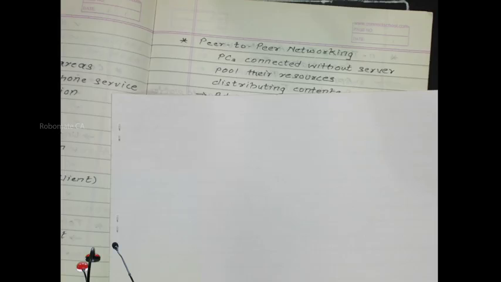No. This is called peer-to-peer networking. In a peer-to-peer networking, there will be nodes connected with each other, and all these nodes are at the same priority level. First and foremost, there is no server. They all belong to the same level. They are all interacting with each other.